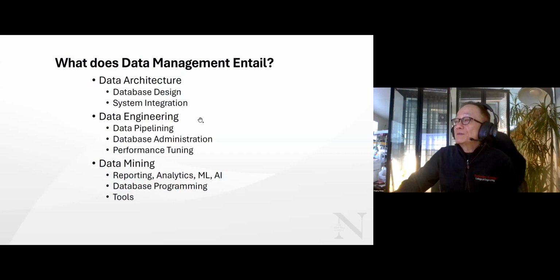The second category of data management is data engineering. And there are several items included in this category. Data pipelining. In old days, we called data pipelining ETL. Simply speaking, we will create some processes to move data from different data sources, perhaps to a central place.